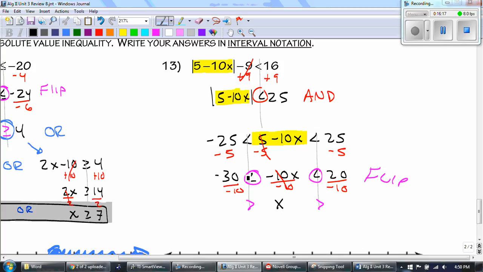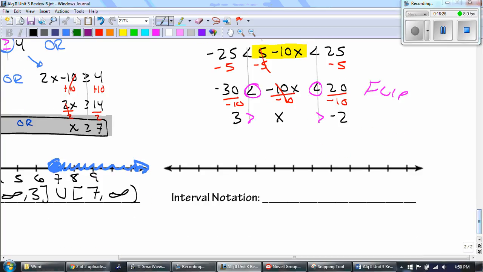Negative 30 divided by negative 10 is positive 3. 20 divided by negative 10 is negative 2. And then I know we're not done yet. Okay, we have to rewrite. Okay, we want the negative 2 first, and then the 3.